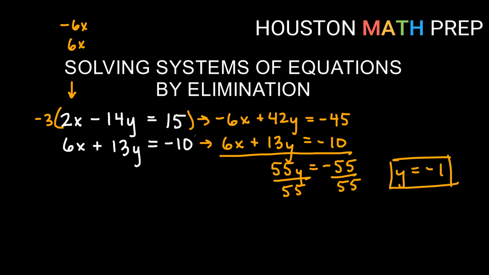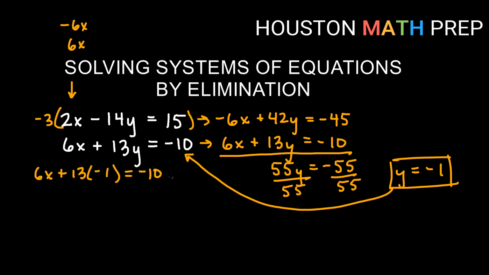Okay, and then if we plug that back into one of these, I'll just plug it into the bottom one maybe, since I've got room down here. So 6x plus 13 times y, which is -1 since we already solved for y, equals -10. So that gives us 6x minus 13 equals -10.